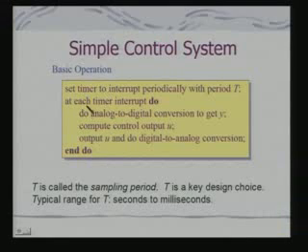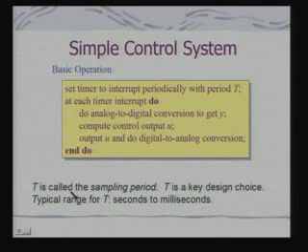So the basic operation is: set timer to interrupt periodically with period T, and at each timer interrupt do analog to digital conversion to get y, compute control output u, and do digital to analog conversion. These are the basic functions which happen. Your control law is implemented on a microcontroller like, say, PIC, and you have set the timer on the PIC to interrupt so that this control action takes place at regular times. What is required is that this action is done satisfying the timing constraints.